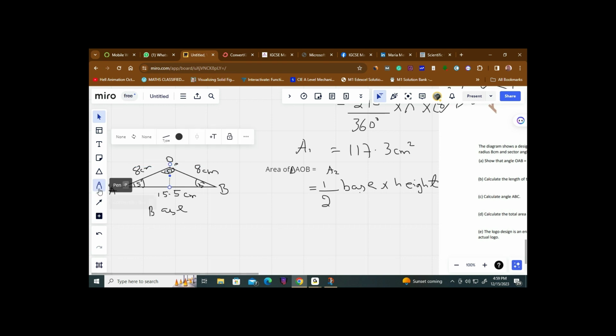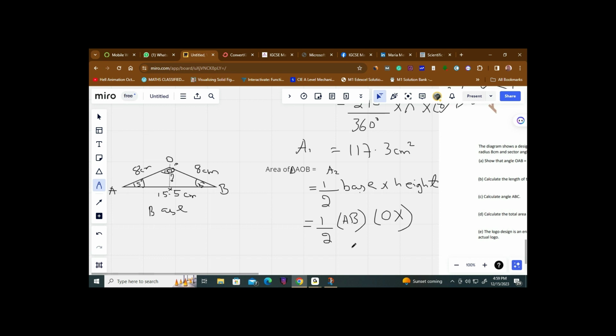I call it OX. This point X. I need to find out this length. This is the height of the triangle. So the area is half times base AB times height, and what is going to be the value of my OX? That's what I need to find out.